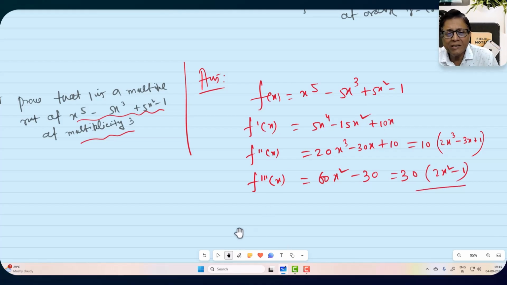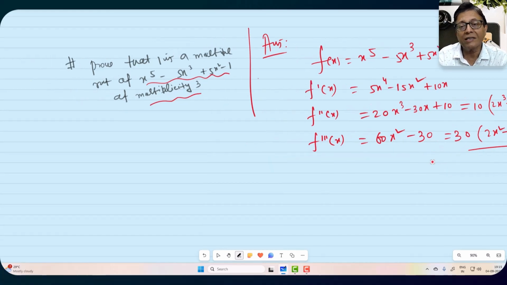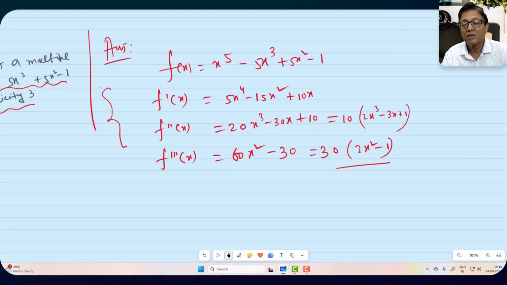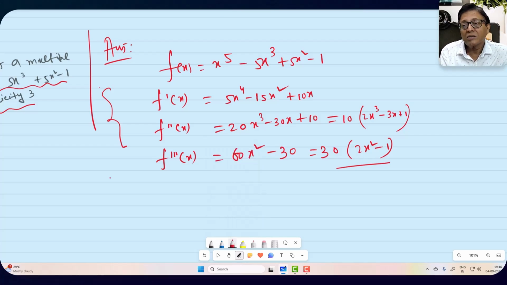Will there be an HCF? Let us find. This one is quite obvious, x equal to 1 is not a factor of it. So let us find the HCF between f dash x and f double dash x. Okay, between these two. You just write it in this manner, because here there is 20, I need a 20 over there.